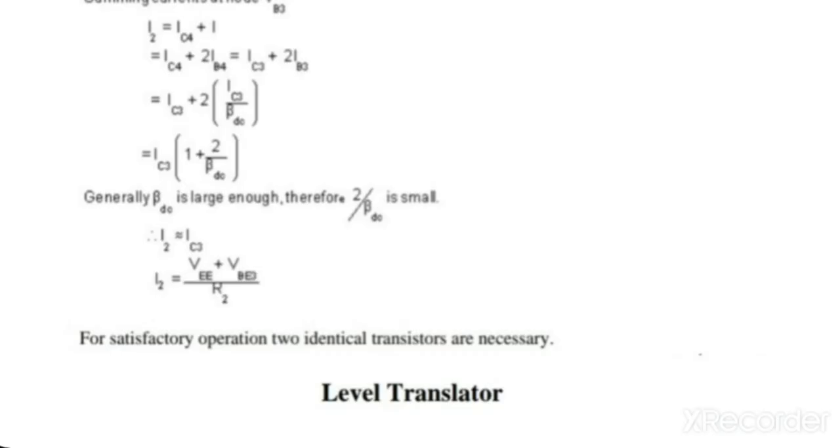So I2 depends on resistance R2 and R2 can be chosen to set a desired value of collector current. For satisfactory operation of the circuit, it is necessary that two transistors should be identical.